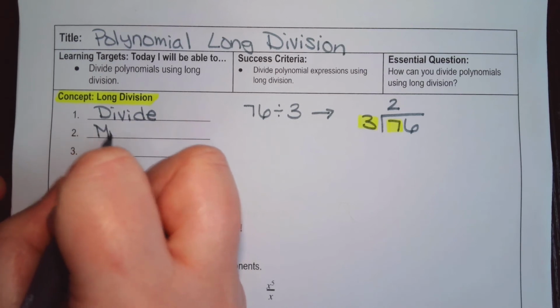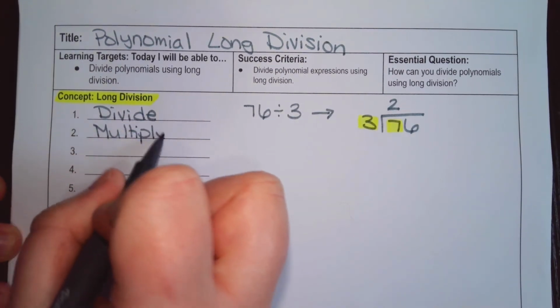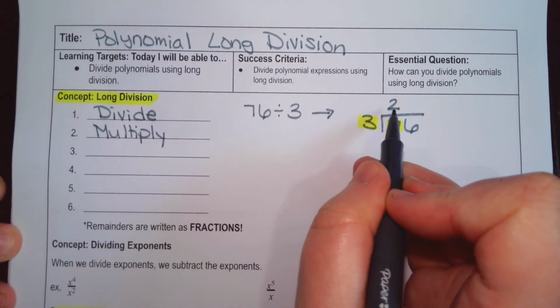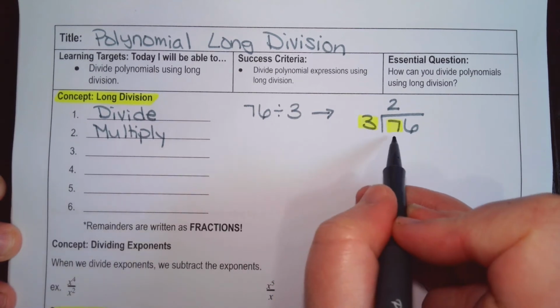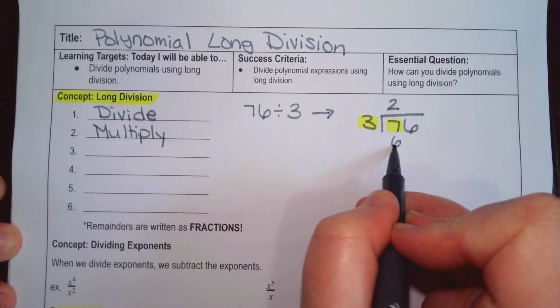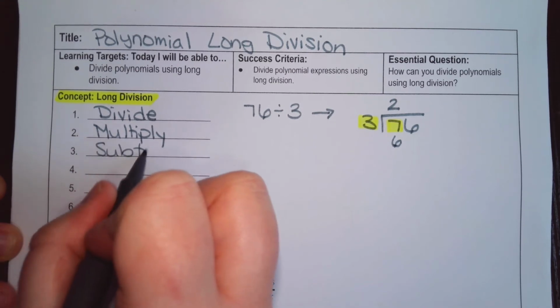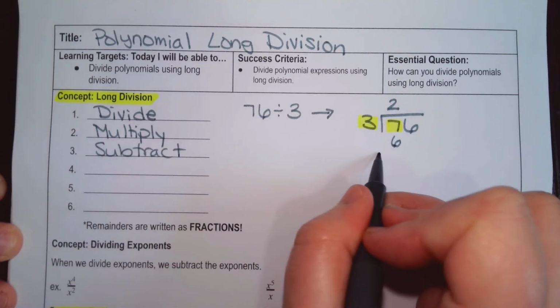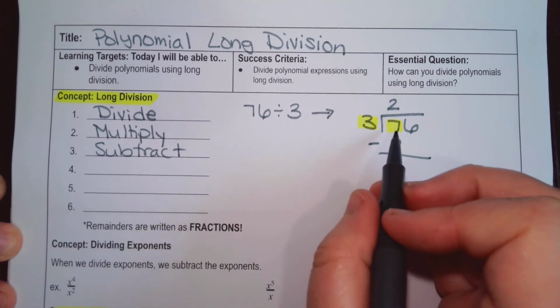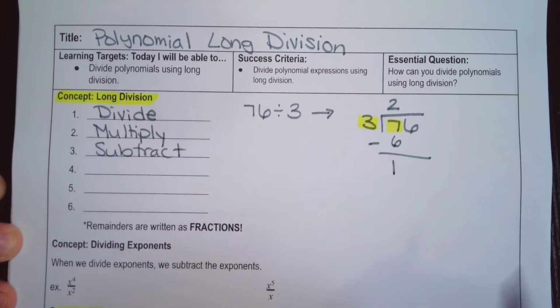Then the second step is multiply. We're going to multiply 2 by 3. So 2 times 3 is 6. Next, we subtract. We're always going to subtract. So 7 minus 6 is 1.